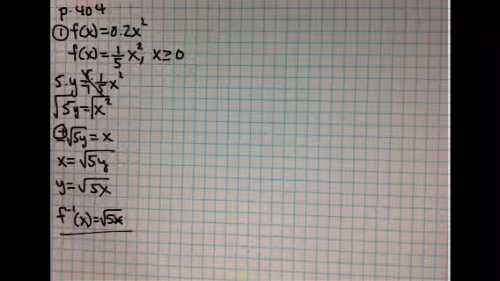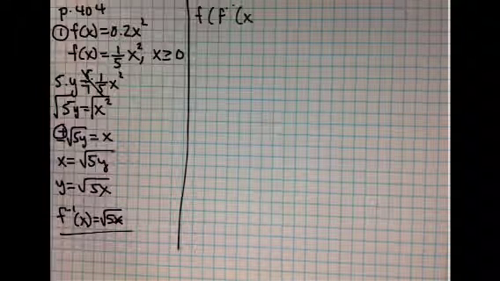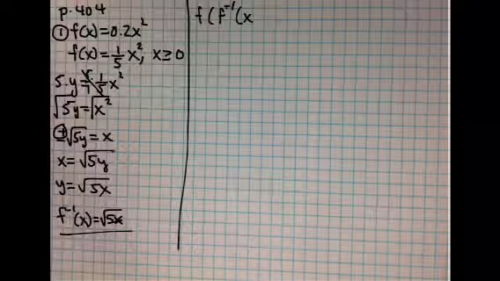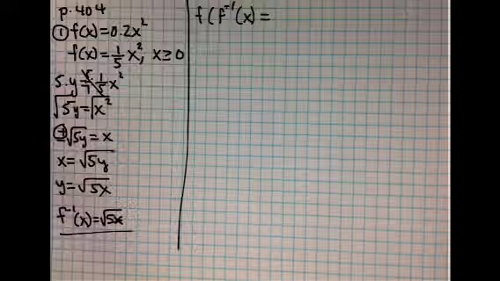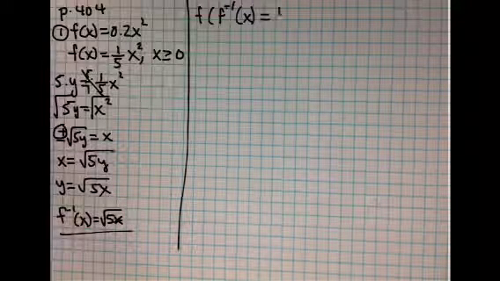Okay, so now we have to confirm it, prove it with composition. So we're going to do f of f inverse of x. Let's see, f is 1/5 x squared, so I'm going to write 1/5.